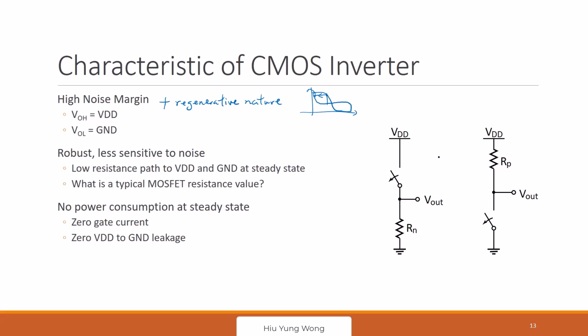Okay, what is a typical MOSFET resistance? Can you tell me? Any guess? What's the typical resistance of a transistor when it is in the on state? 1 ohm, 10 ohm, 100 ohm, 1000 ohm, 1 mega ohm? 1 ohm? Okay, any other value?